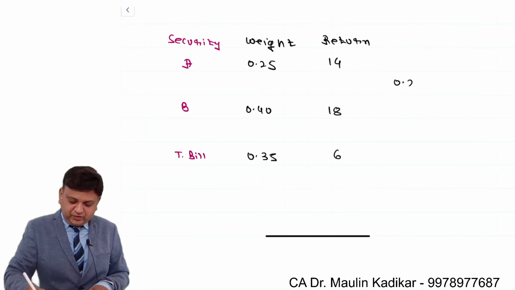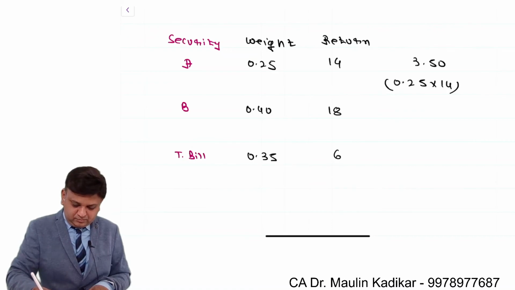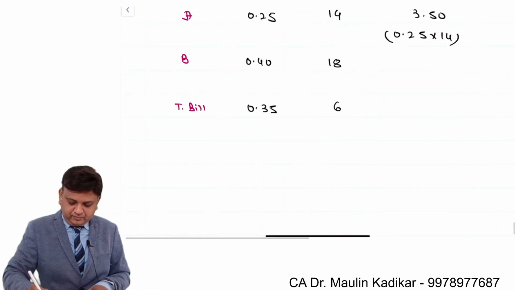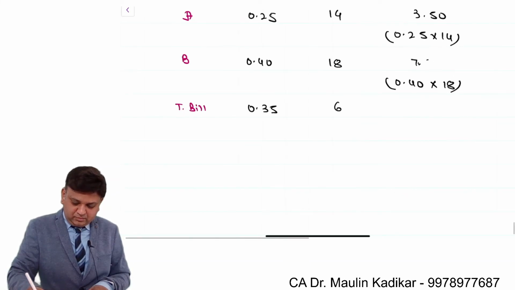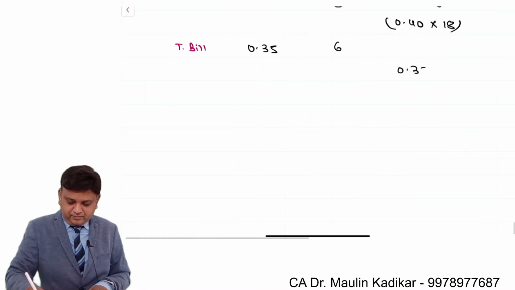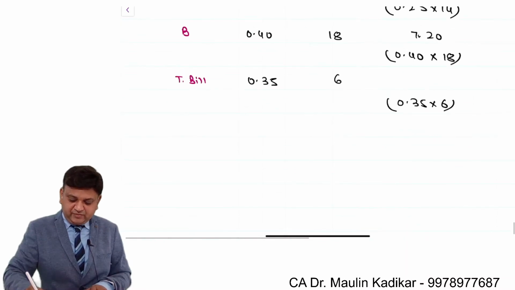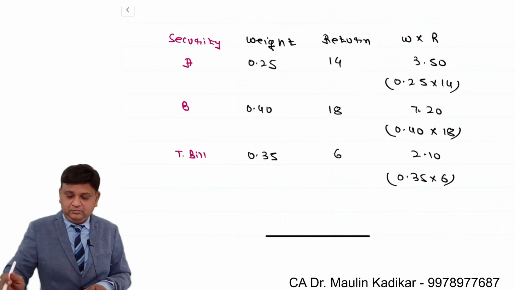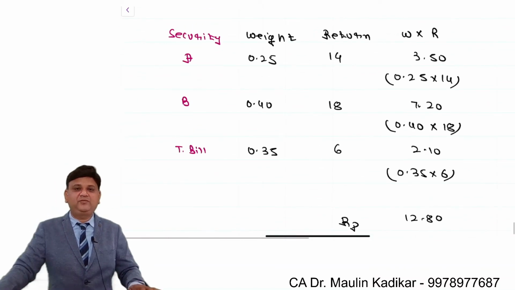So over here it is 0.25 into 14, 3.50, 0.40 into 18, 7.2, 0.35 into 6, that is 2.10. So the overall return of the portfolio is 12.8. This is the way the return of the portfolio is calculated.